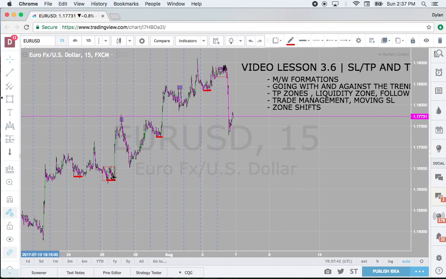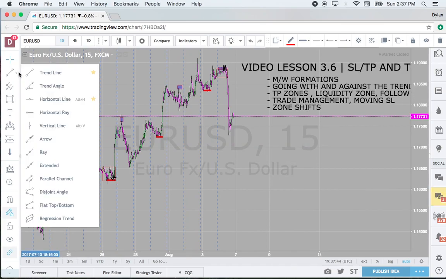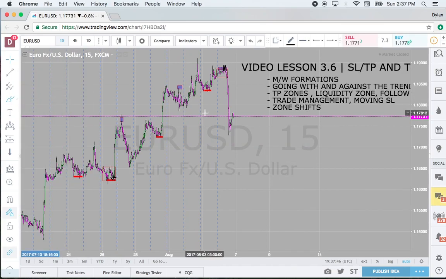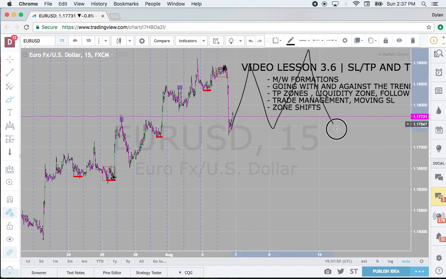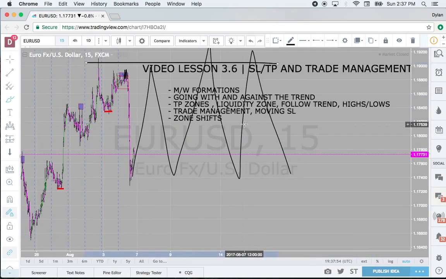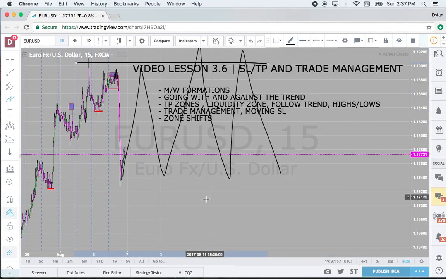So for example, if price does not break this high and continues to consolidate for over a week or two or 3 or a month or 2 months, then expect a reversal.